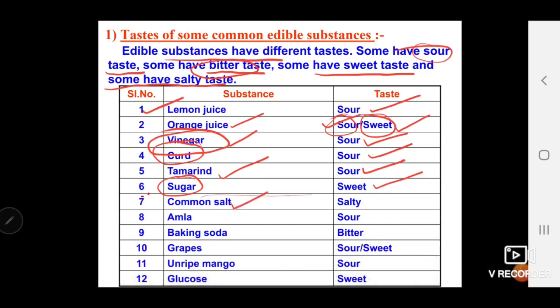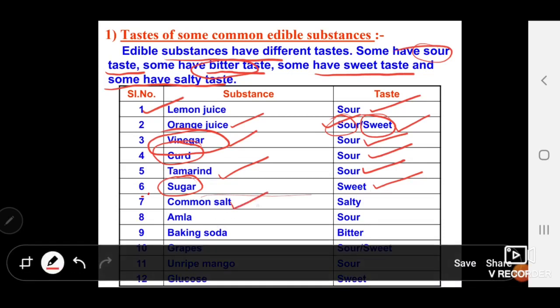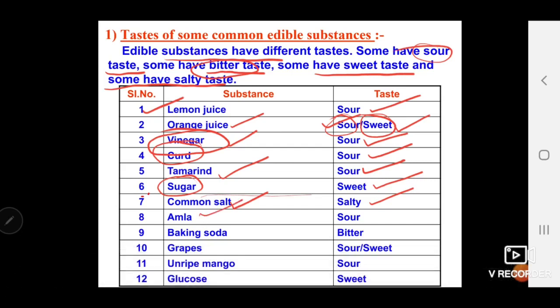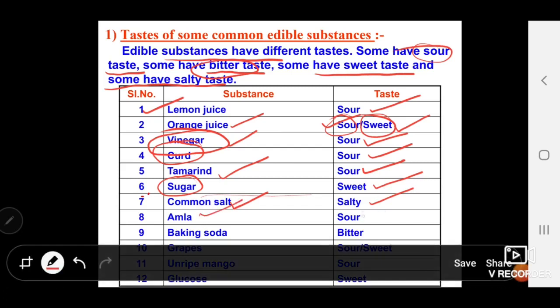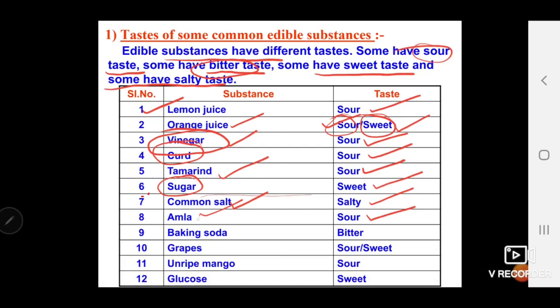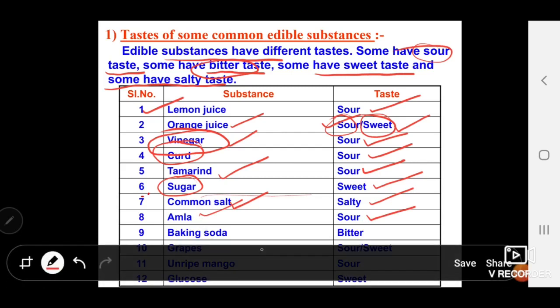And common salt, without common salt no food can be cooked. Common salt is always salty in taste. And amla, it is also sour in taste. Amla is very rich in vitamin C, so we should inculcate using amla in our day to day food.